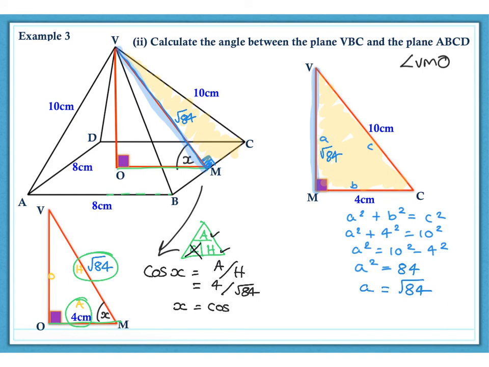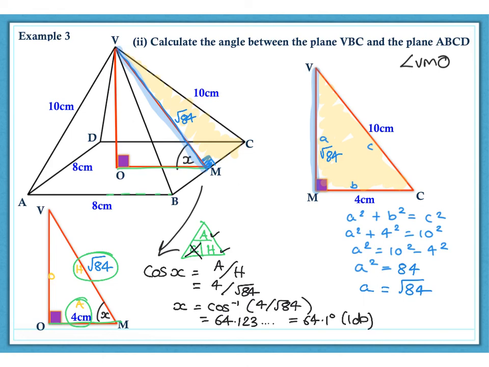X is then cos to the minus 1, 4 over root 84. Input that into a calculator. This is then 64.123, etc., 64.1 degrees to 1 decimal place.